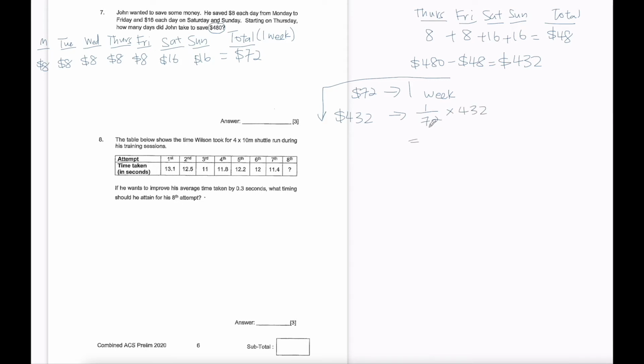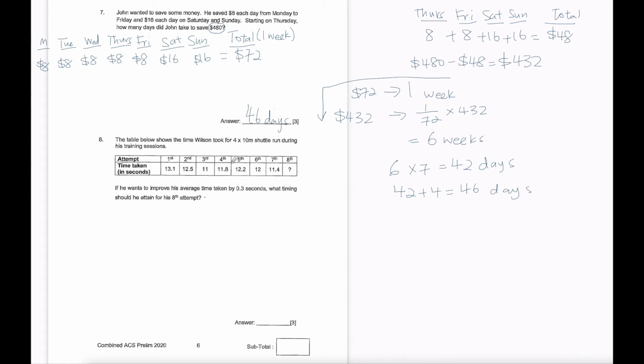You're gonna get 6 weeks. Okay, so 6 weeks we need times 7 because 1 week has 7 days. It's 42 days, and we cannot forget the first 4 days from the first week that he started saving. So 42 plus 4 is 46 days, and that's our answer. Okay, 46 days. Let's move on to the next question.